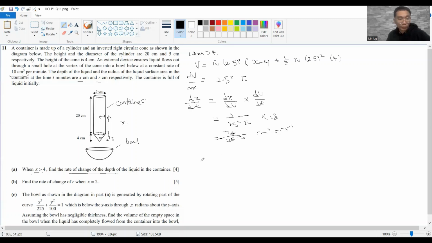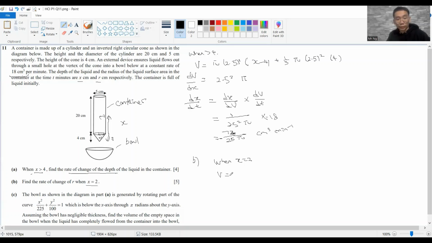Now next question, B, dr/dt. Over here we note that x is changed, where x now equals 2. So the volume will also change accordingly.